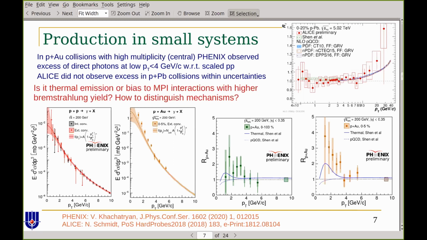And an important question: is there any possibility to disentangle these two scenarios? This was my first question.